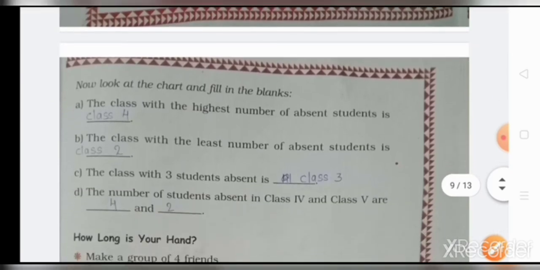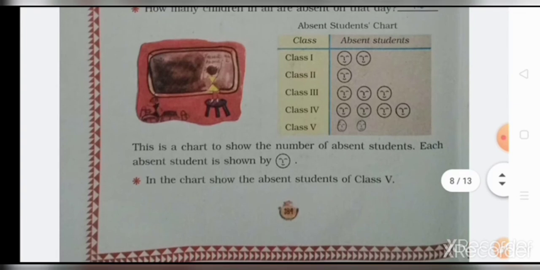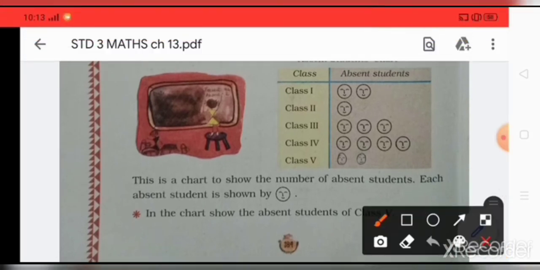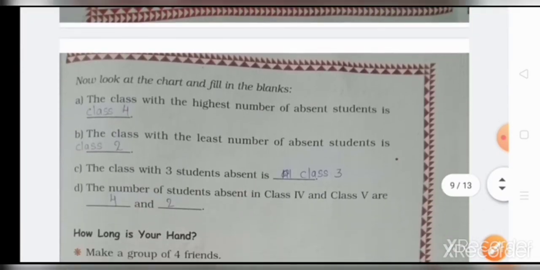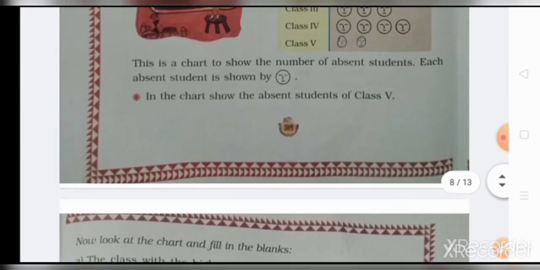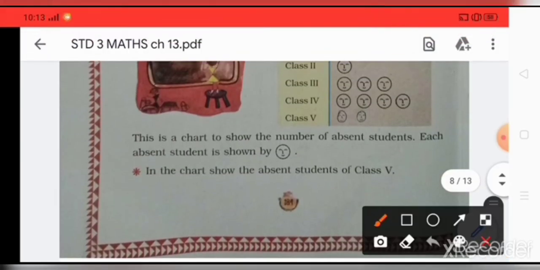The class with 3 students absent is class 3. The number of students absent in class 4 and class 5 are how many? Class 4 there are 4 students and class 5 there are 2 students.